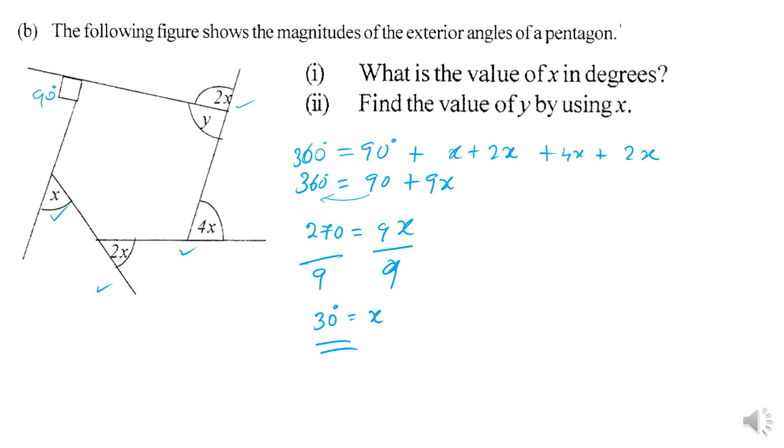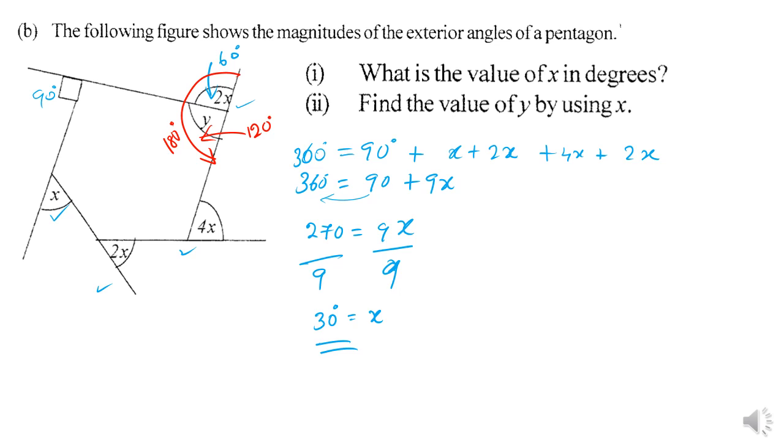Find the value of y using x. You see this 2x is equal to 60, and then you know the magnitude of this angle. This is a straight angle, therefore this is equal to 180, and this is 60, and then this part should be 120.